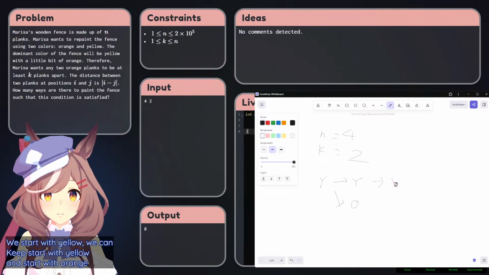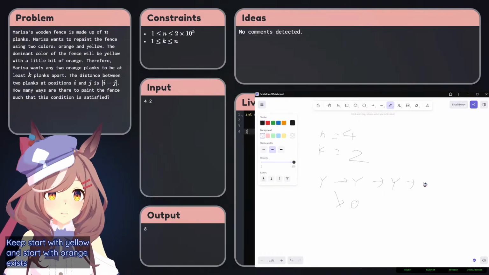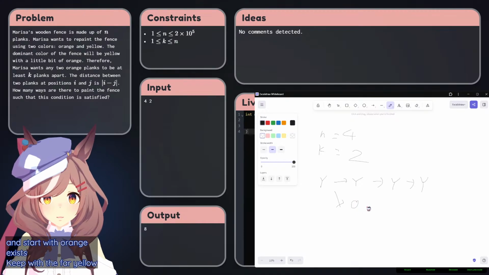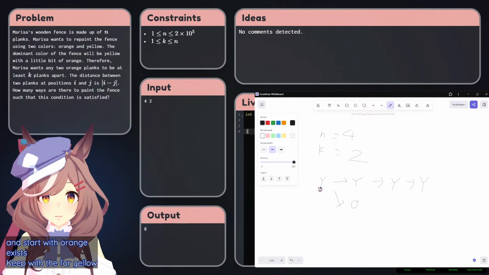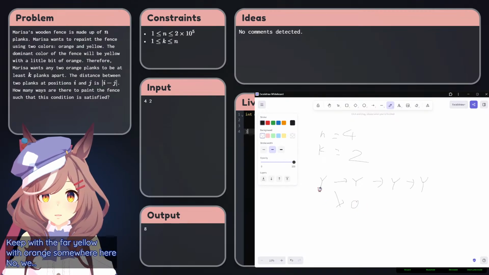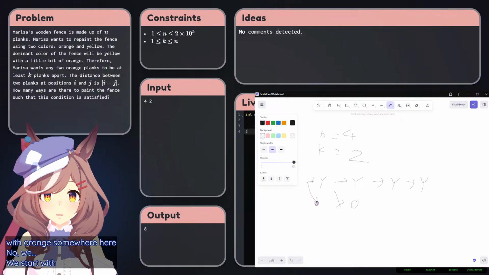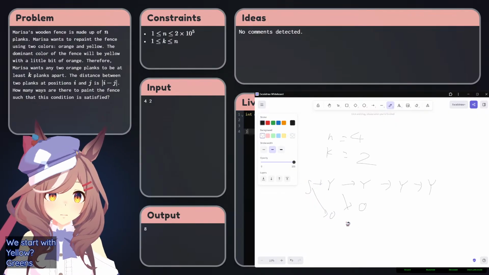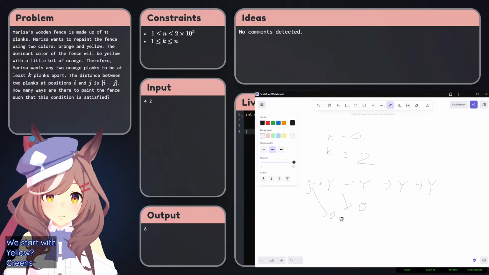We can just keep all 4 yellow. Or we start with orange somewhere here, or we start with yellow then orange. If we start with orange, we need to consider how many.